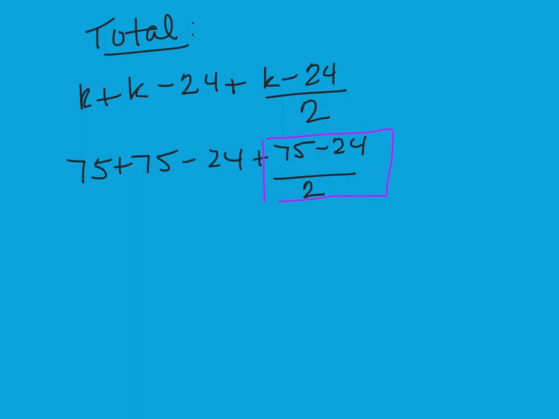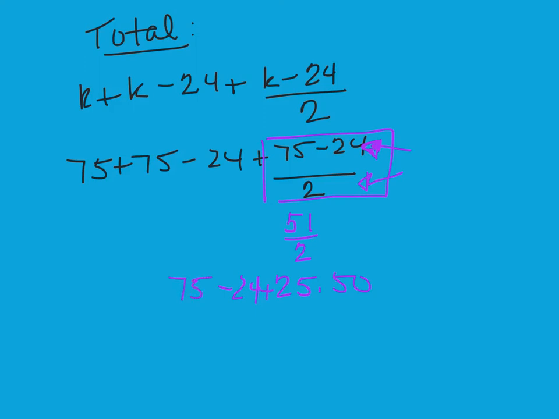However, we know that this thing up top needs to be done in its entirety before it can be divided by 2, or any other number for that matter. So 75 minus 24, we've done twice. We now know is 51 divided by 2. Half of 50 is 25. Half of $1 is 50 cents. So that's how much we are for this side of the problem.